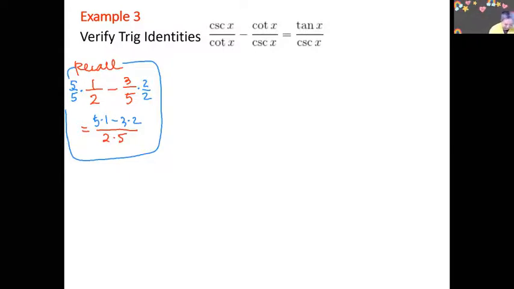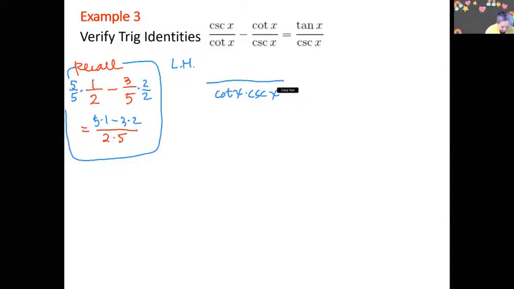Okay, so then the left-hand side. Since one denominator is cotangent x and the other is cosecant x, we will multiply them just like we multiplied 2 and 5. Now we have cotangent x times cosecant x here.